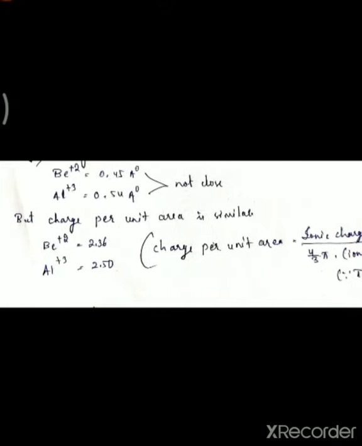If their size is not similar, then how can we say that they are diagonally similar? For that, we will not compare them on the basis of their size. We will compare them on the basis of the charge.